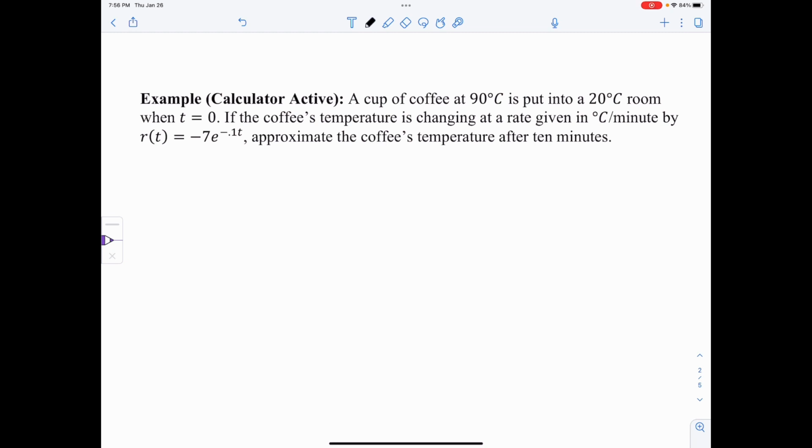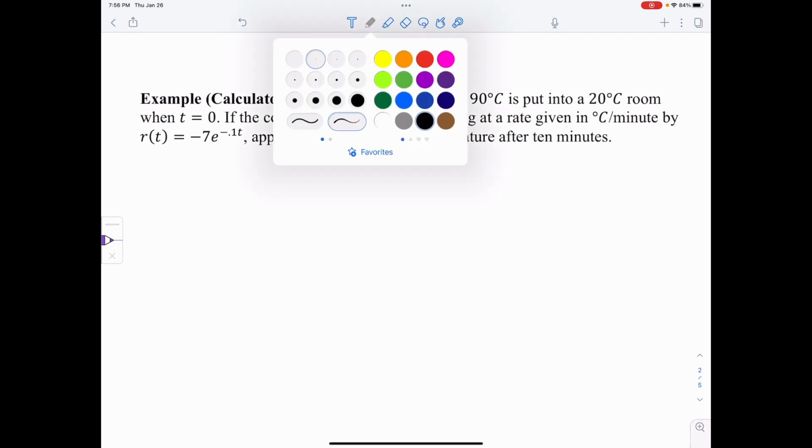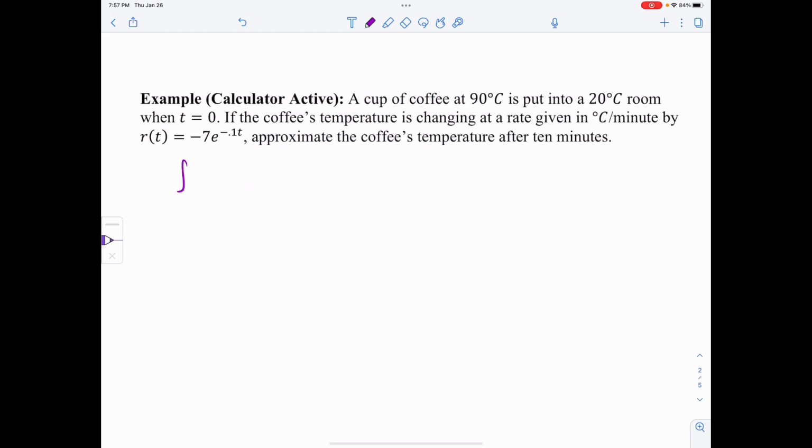To figure out the net change, we're going to integrate from 0 to 10 R of T, which we are given the rule is -7 e to the negative 0.1 T. We can pull that -7 out front if we want. And then e to the negative 0.1 T dt. We're using dt because the independent variable is t.